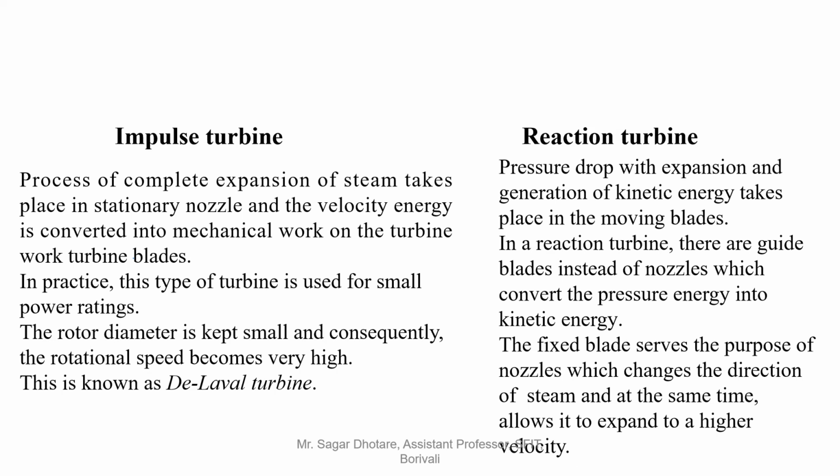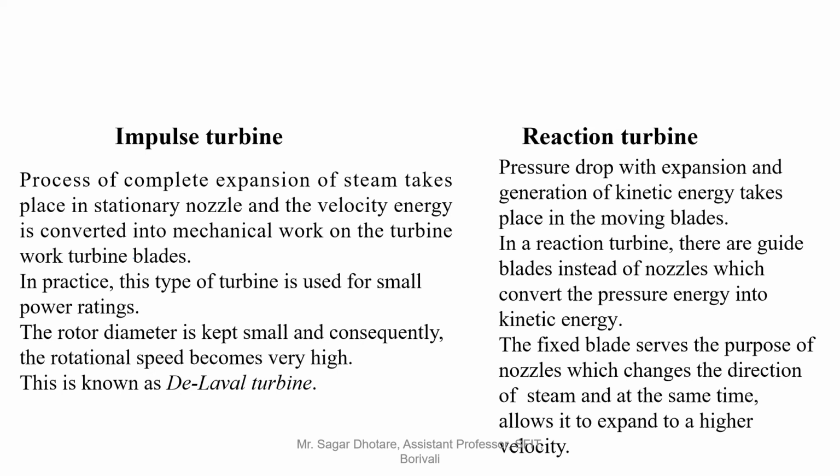The power rating of the impulse turbine is small, but in the case of the reaction turbine, it is high. The construction of the impulse turbine is small, but in the reaction turbine, it is large. The overall dimensions of the reaction turbine are much greater compared with the impulse turbine.